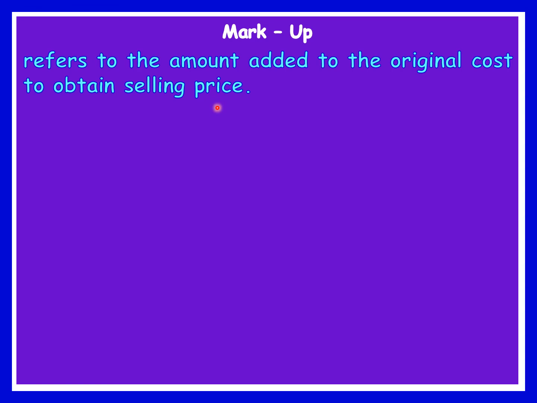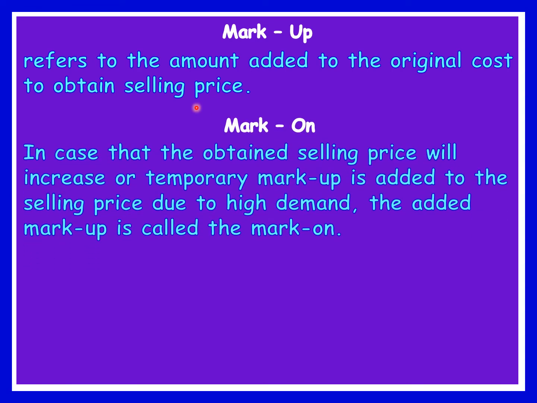So to obtain the mark on, the new selling price minus the original selling price. So again, for mark on, in case that the obtained selling price will increase or there's a temporary markup added to the selling price due to high demand or any phenomenon, then the added markup is called the mark on. Okay, so let us have another example.